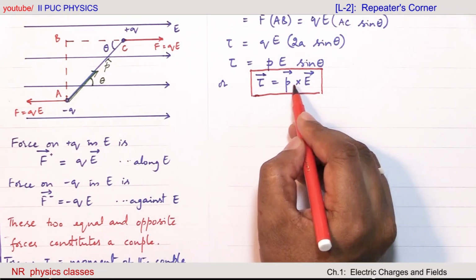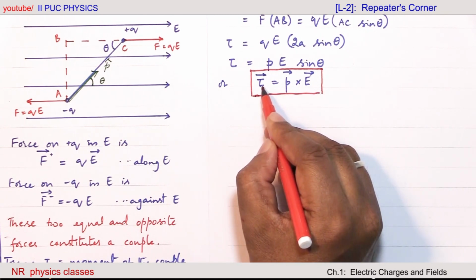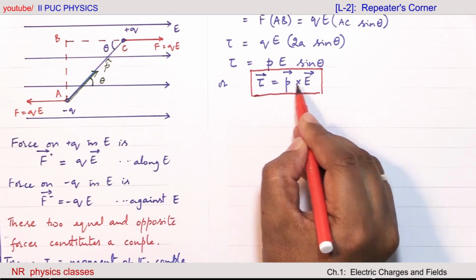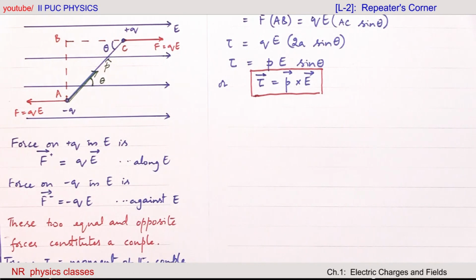Since it is a cross product of P and E, the direction of tau is perpendicular to both E and P, following the right hand screw rule that we have to mention.